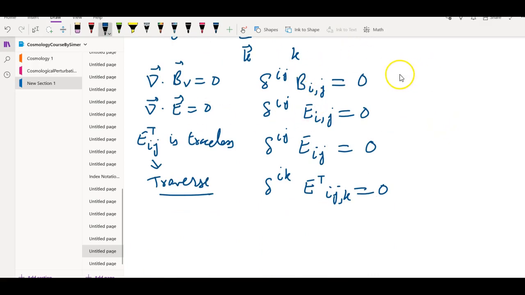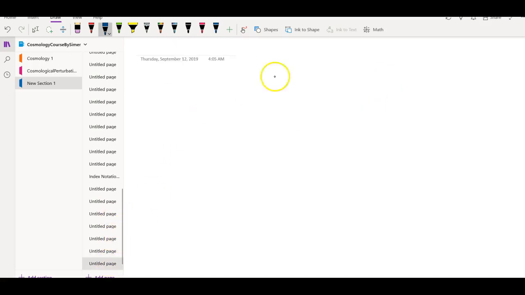How many constraints do I have here? All of these expressions. Let's first start with this expression. How would this appear in the Fourier space? Bij, which is basically del dot bv is equal to 0.